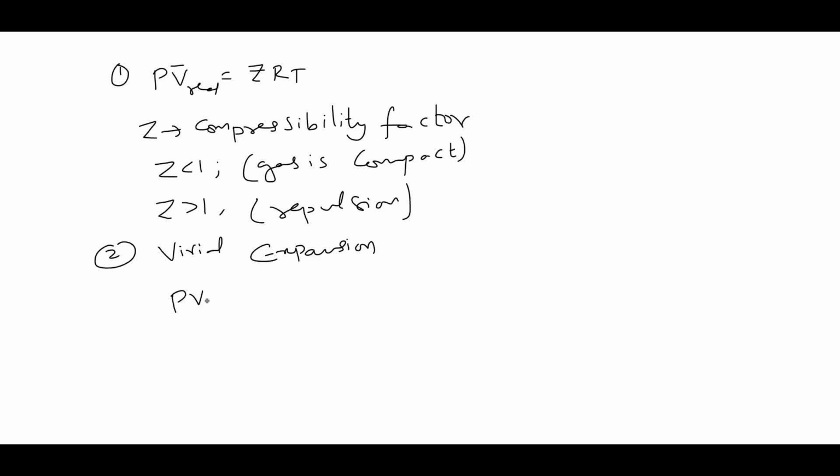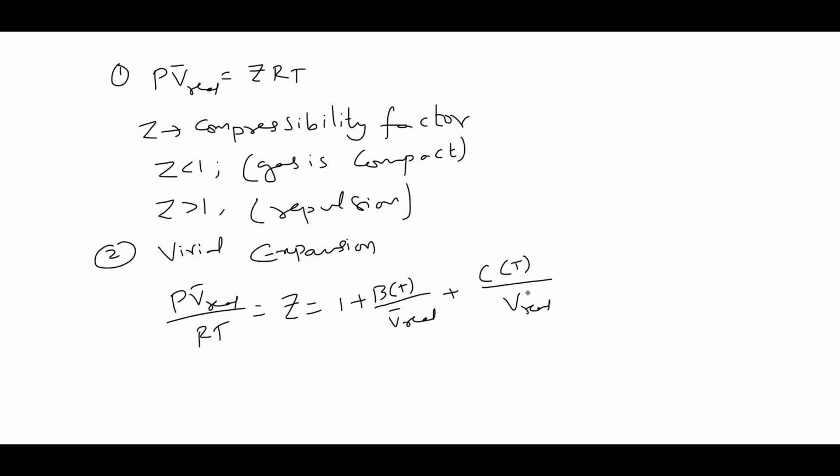So here PV real by RT, that factor is the virial expansion factor Z. This will be equal to 1 plus B over V and so on, where here is the first virial coefficient and this is the second virial coefficient, and these coefficients depend on the temperature.